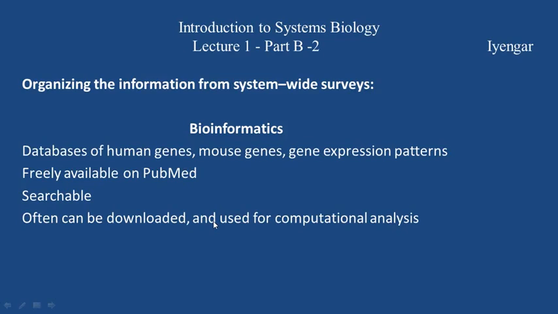Basically, there can be databases of human genes, mouse genes, gene expression patterns. Many of these databases are freely available on PubMed. They are often searchable, and often the data in these data sets can be used for computational analysis.